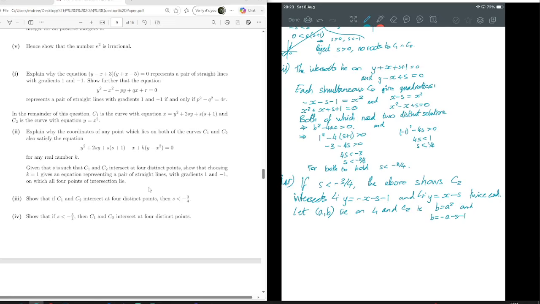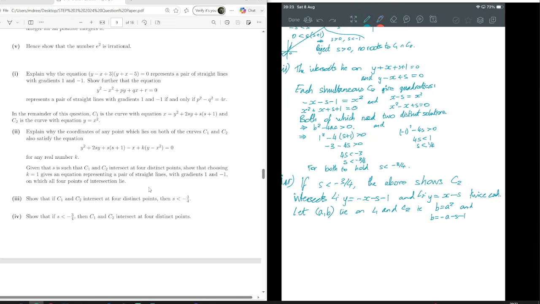And let's see if this satisfies C1. If I can show that this point satisfies C1 as well, then the points of intersection between this and C2 also intersect C1. I've got two of those, and I'll do the same with the other as well.